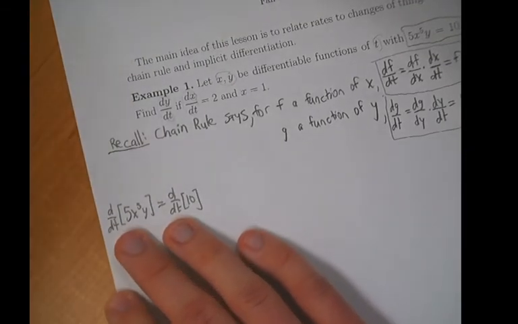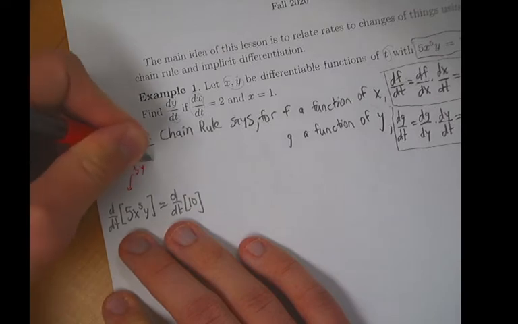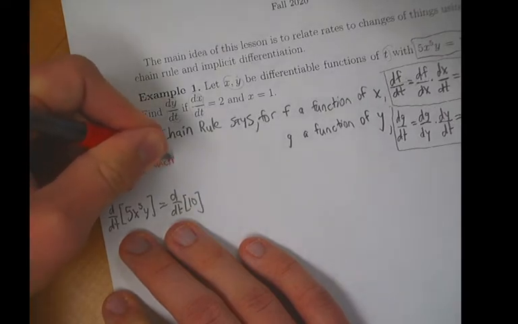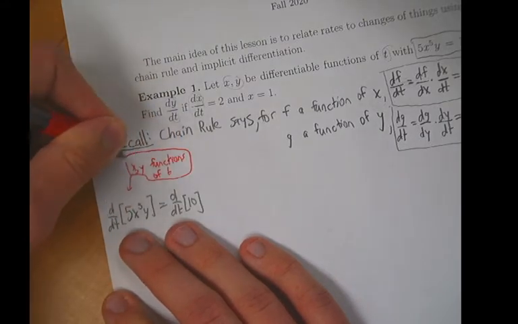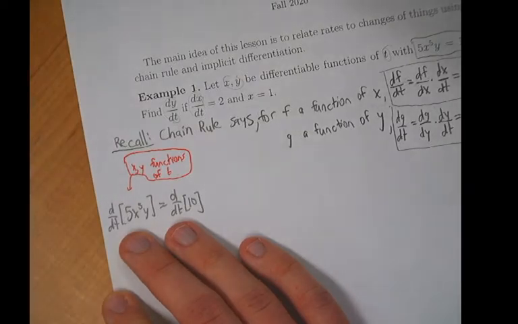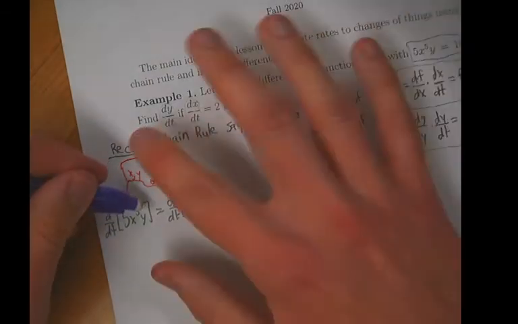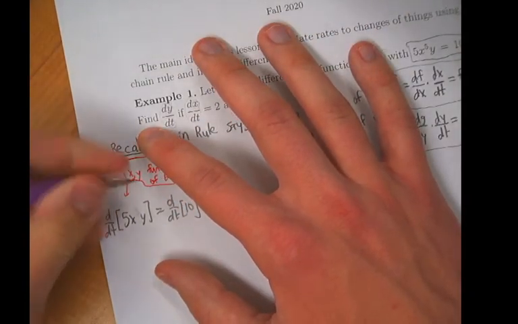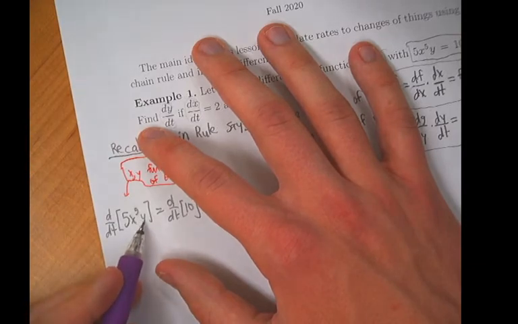As I established, x and y are functions of t. So in this case, we have one function of t as 5x to the fifth, and another function of t as y.